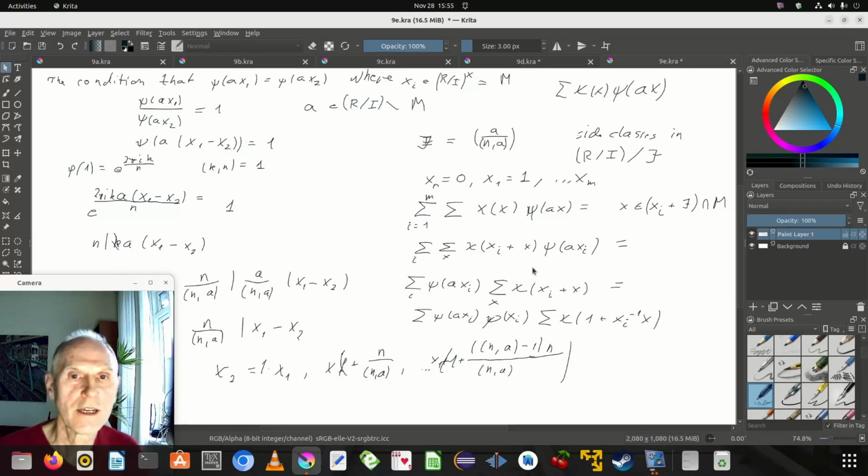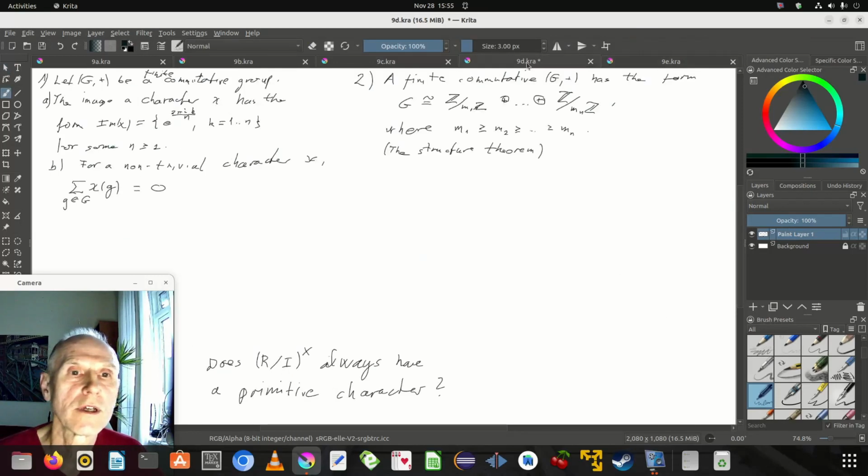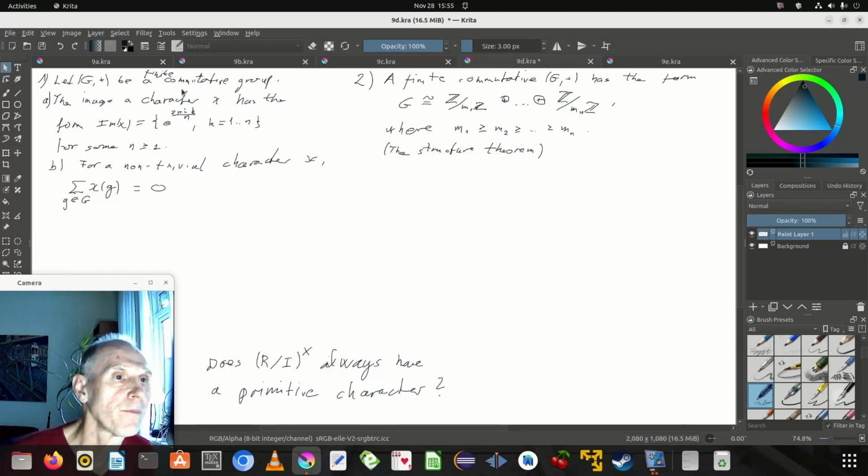In that case, I would be able to prove that the sum vanishes. So that was what I wrote up here. So let G, now we write it additively, be a finite commutative group.